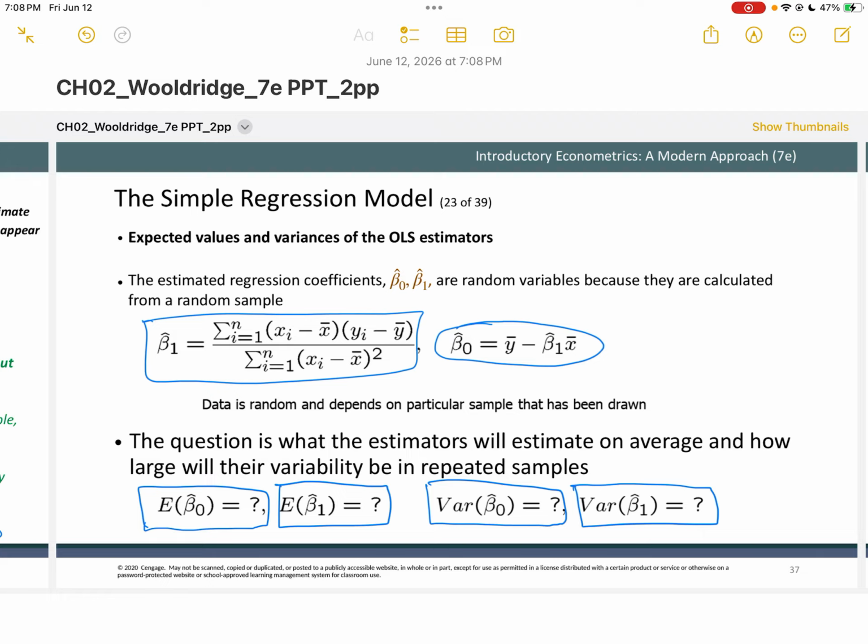The fact that we don't have access to the entire population data makes it so that we are interested in what they will be on average if we were to randomly, repeatedly sample from the population data or from the population set.